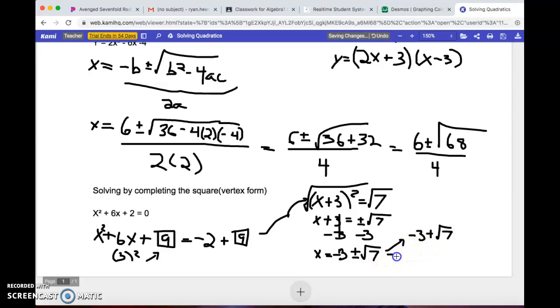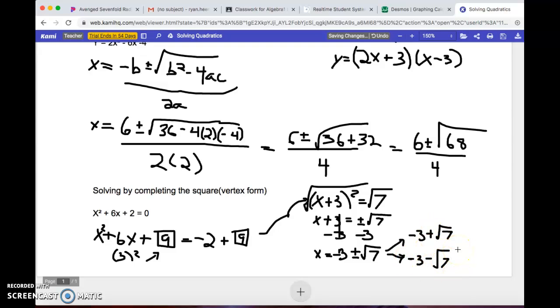And on the other side, do negative 3 minus radical 7. So really, if it's split up, you could do those two answers, or if you need decimals, you can actually do decimals for those two.